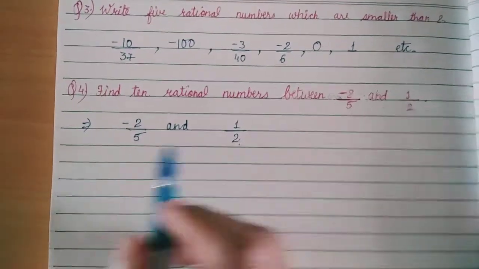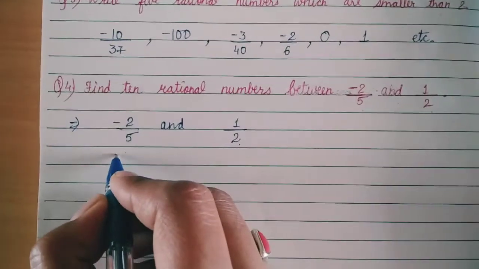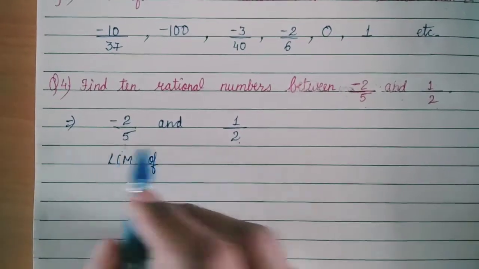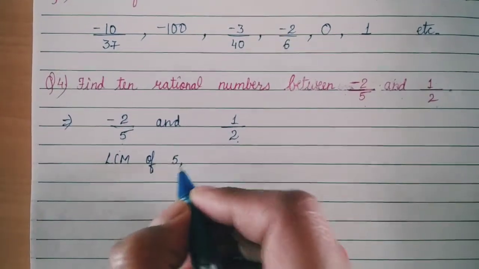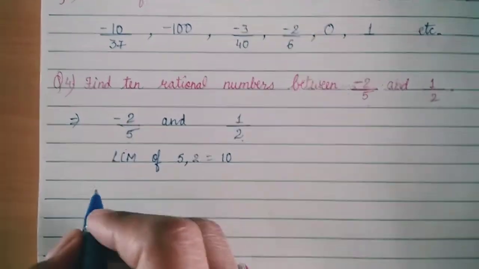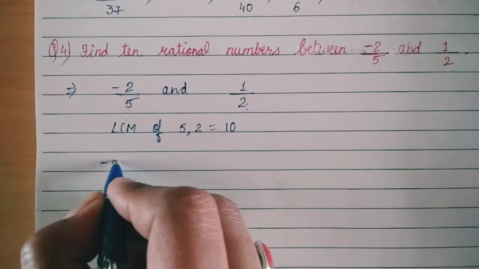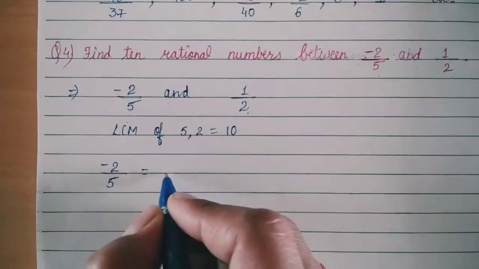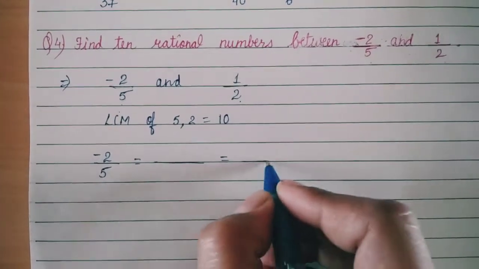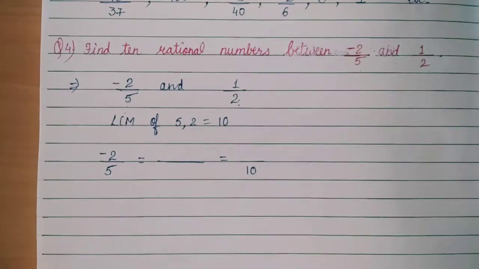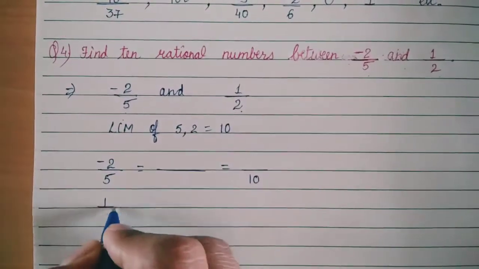Simply we will take the LCM. As you can see, the LCM of the denominators 5 and 2 is 10. It means that we need to change minus 2 upon 5 into the form with denominator 10, and the same with 1 upon 2.